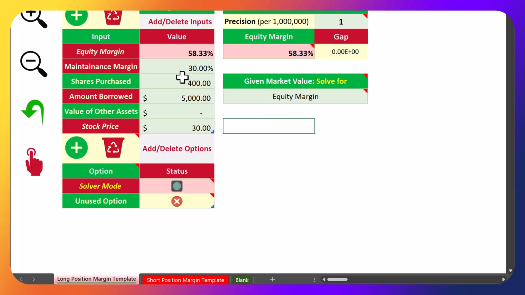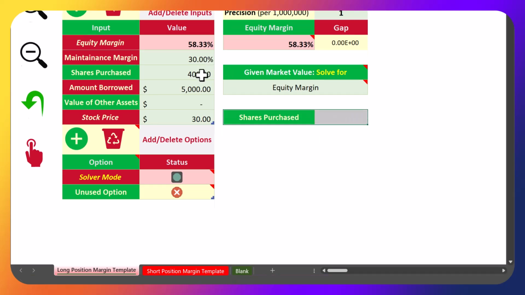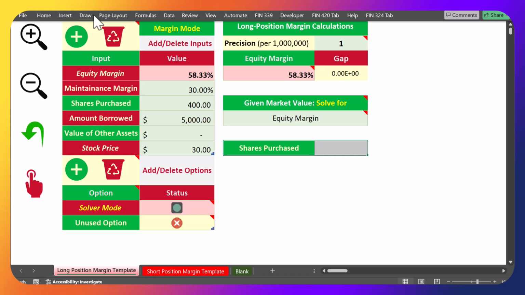So let's copy this here. Let's do this as an intermediate calculation.